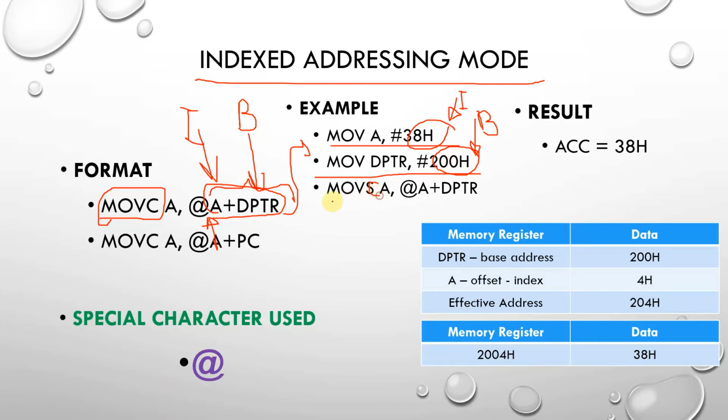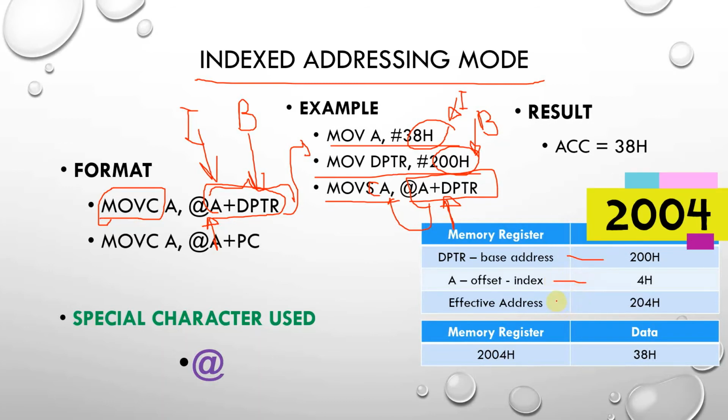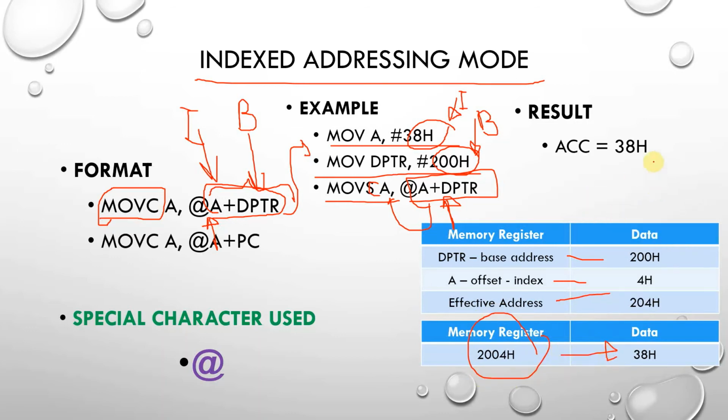Now the instruction MOVC A, @A+DPTR will move the data from the effective address obtained from this to A. So DPTR is 200, A is 4, effective address is 204, the information present at 204, for example, is 38. So the accumulator will be moved with 38H.